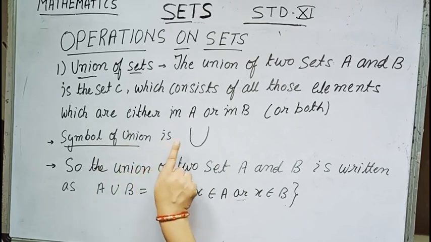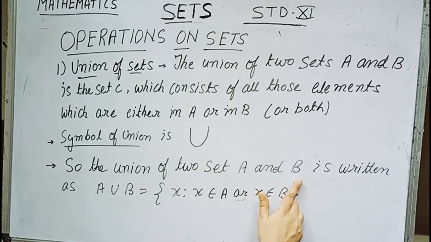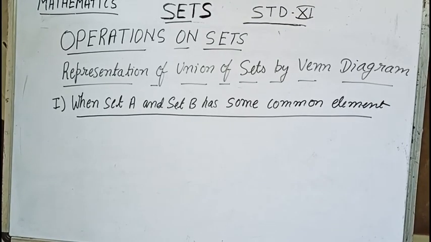So the symbol of union is this U, and we can write the union of two sets A and B as A union B. In the set builder form, we can write this as X, such that X belongs to A or X belongs to B. That is, if we write X belongs to A union B, this implies X belongs to A or X belongs to B. Now, the representation of union of sets by Venn diagram, let us know.